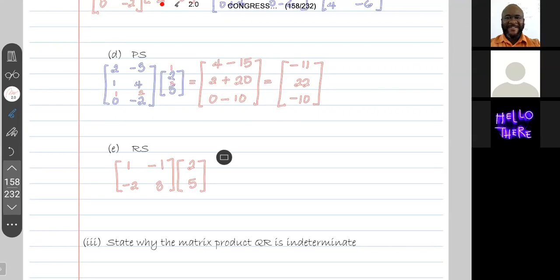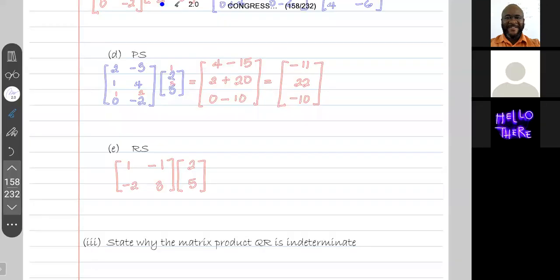We should end up with another 2 by 1. We're multiplying the rows of the first matrix by the columns in the second matrix. First by first, second by second.